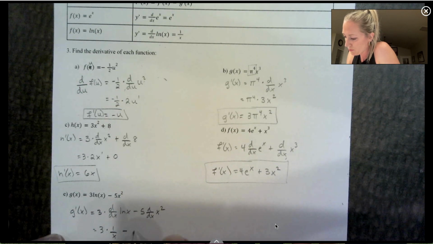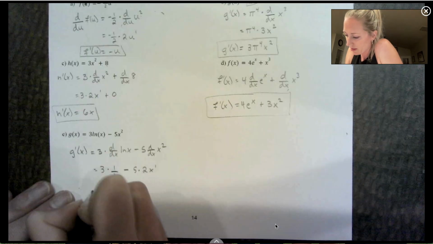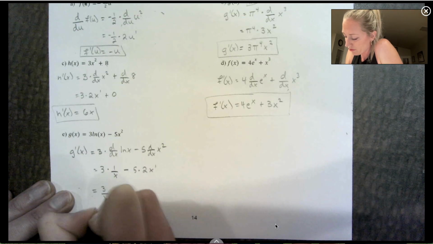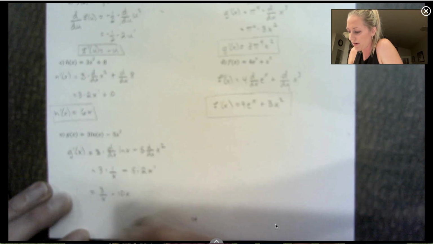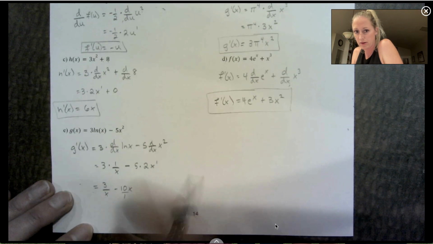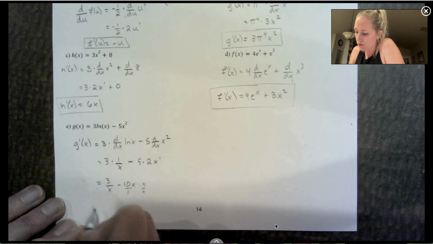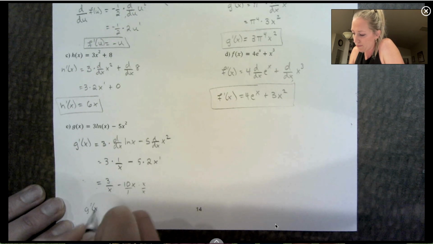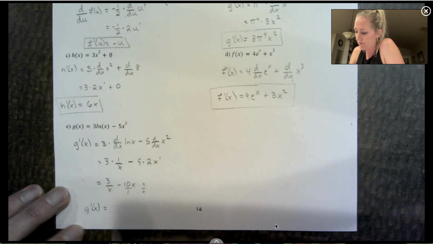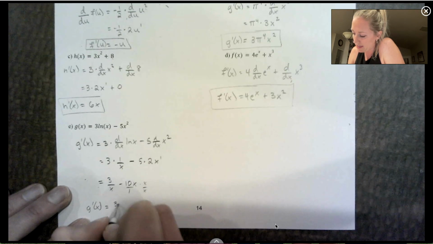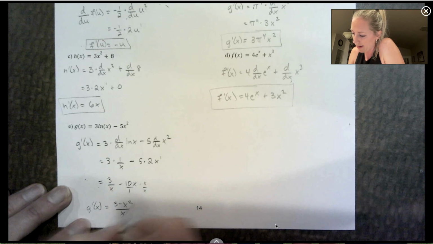Minus, use my simple power rule, bring down the 2. Here, this is going to equal 3 over x minus 10x. If I were to get a common denominator and combine these, I would multiply this guy by x over x. So my g prime, or derivative of this function, would be 3 minus 10x squared over x.